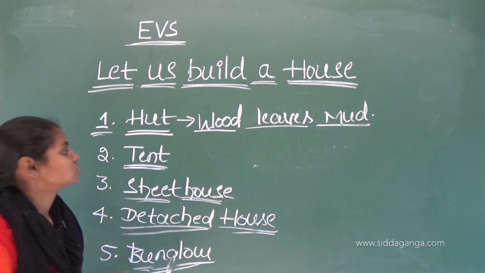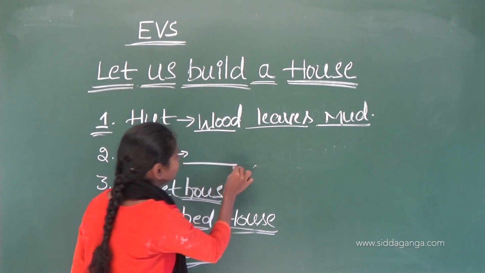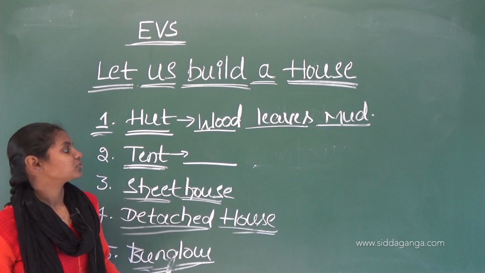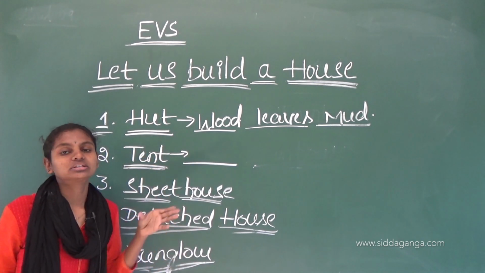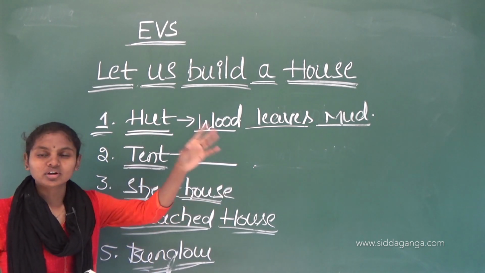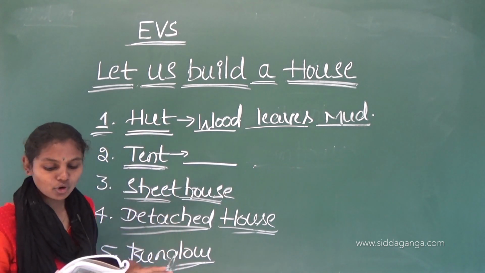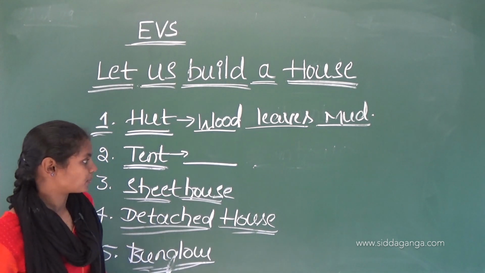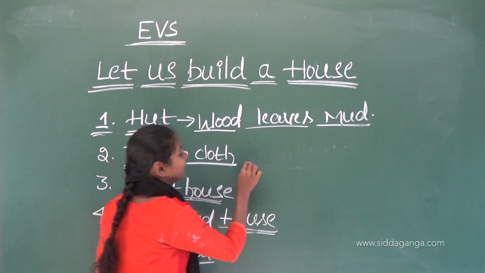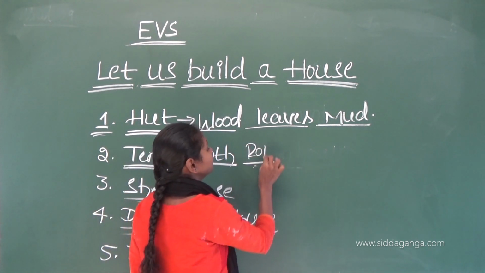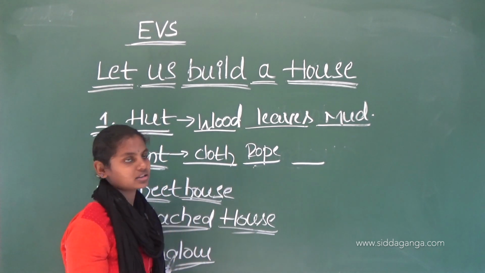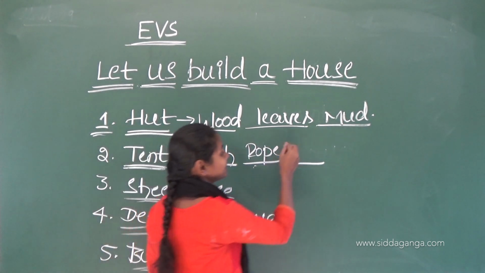Next, there is a tent. For the construction of a tent, what do you have to take? You have to take tent cloth, nails, metal poles, and also rope. Rope is a strong thread.